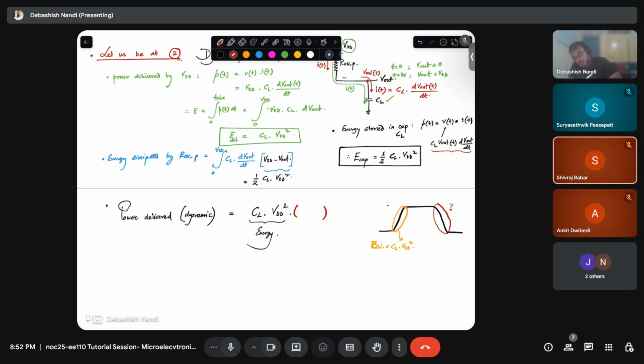Zero, sir. Exactly, right? Because this is disconnected. You have only this path for your discharge. So there is no power being supplied by the battery at that point, right? So to calculate the P dynamic, what do we do? We multiply this by the frequency of 0 to 1 transitions at the output.